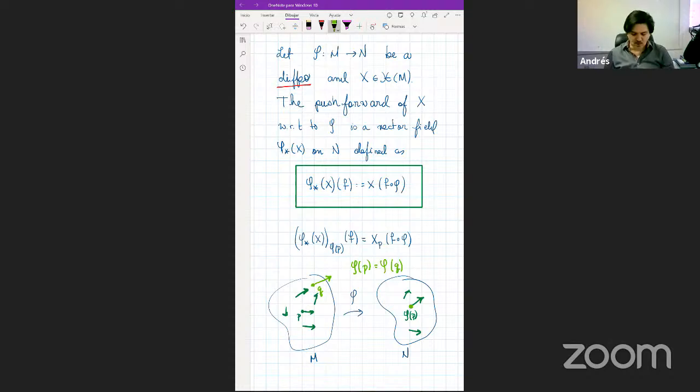Then on one side, you have the arrow that I wrote that comes from this. But if you take the derivative at Q and move this vector, you might get something different.